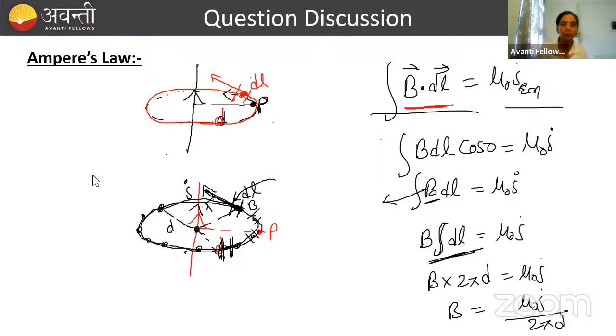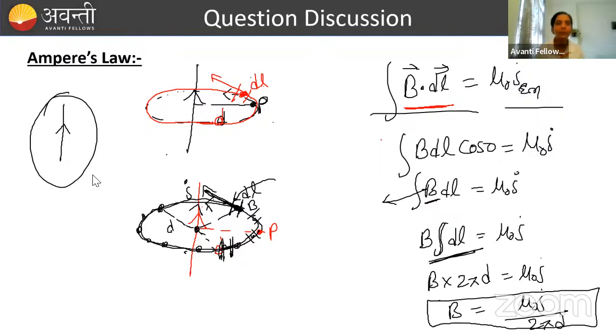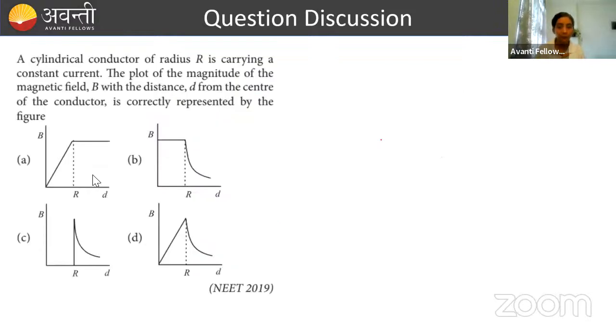This is the magnetic field formula we also calculated from the straight wire formula for an infinitely long wire, and we were getting this only. So by using Ampere's law also we can calculate it. But we can't use Ampere's law for a finite length of wire. Why? Because there the magnetic field will not remain uniform throughout. That is why we are not able to use it there, but we can use it for the infinitely long wire.